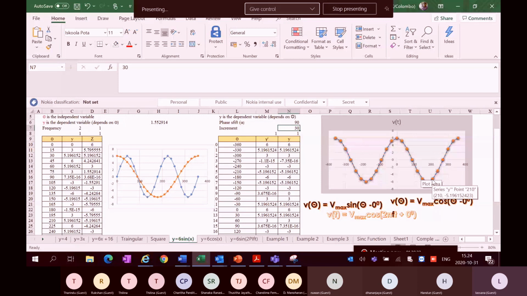This means between sine and cos there is no difference; the only difference is the phase angle. A sine signal is equal to a cos signal when there is a 90-degree difference.